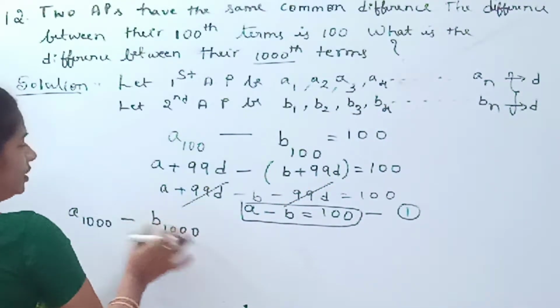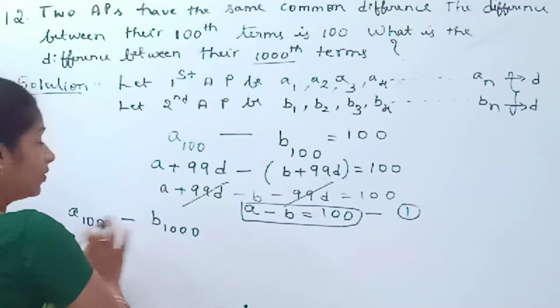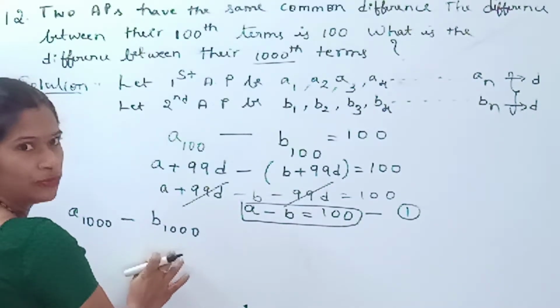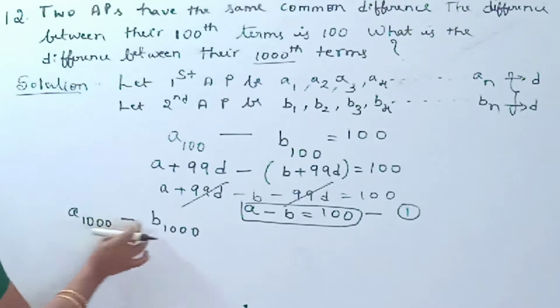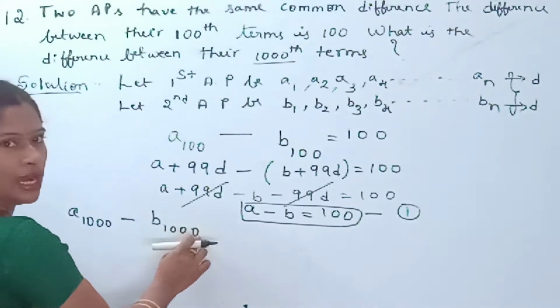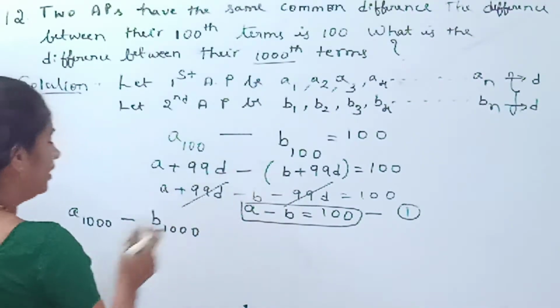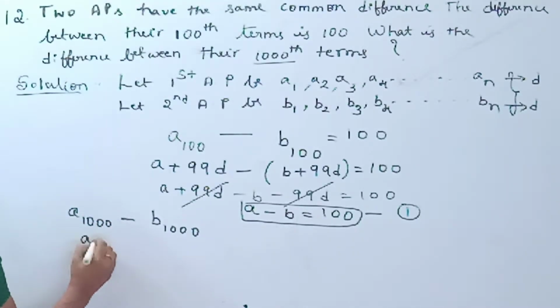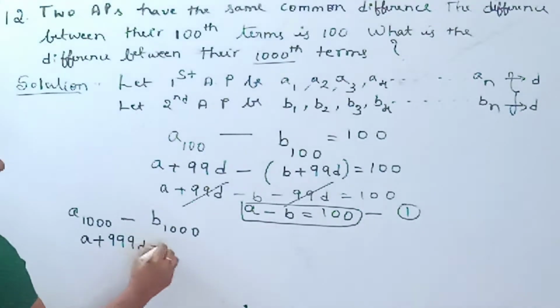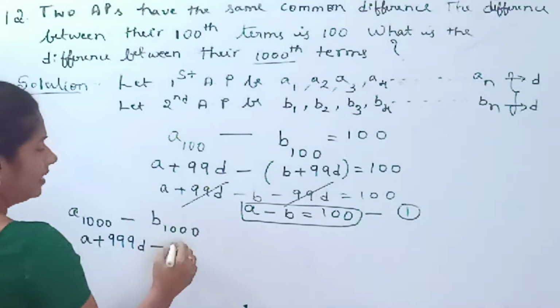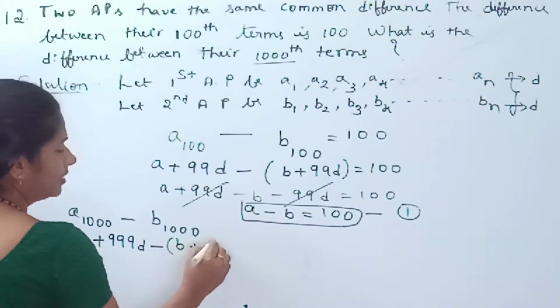That is A1000 minus B1000 we have to find out, children. How will you find out? A1000, I can write it as A plus 999D, minus B1000, I can write it as B plus 999D.